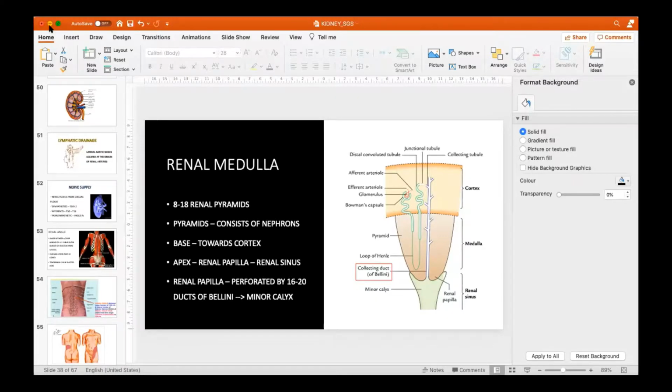We don't have a direct reference or direct definition to say it is kidney. Only scattered information is available. See, the Mutravaha Srotas altogether we can consider as the whole KUB, kidney, ureter, and bladder, as well as the urethra.